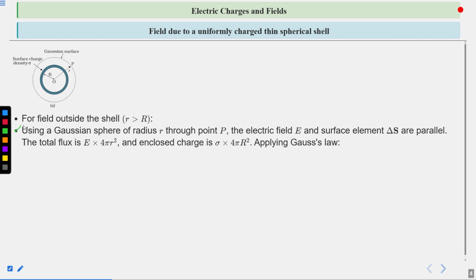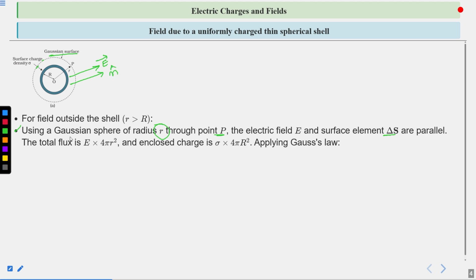In that case, first we draw a Gaussian surface of radius r. Look at the figure, the dotted lines show the Gaussian surface through point P. The electric field E and the surface element delta S are parallel because the direction of the electric field is perpendicular to the surface of the charged thin spherical shell. Similarly, the area vector is also perpendicular, so both are parallel to each other.